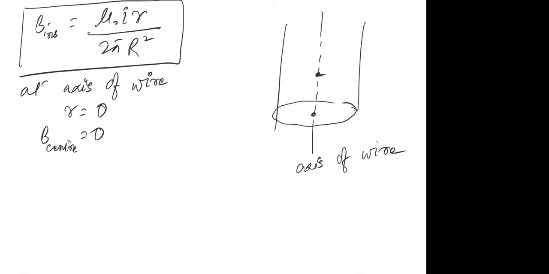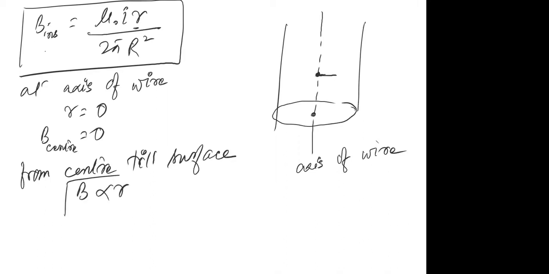Now, as you go away from this center, this magnetic field starts increasing because it is directly proportional to small r. From the center till the surface, magnetic field is directly proportional to small r, because you can see the formula, right?